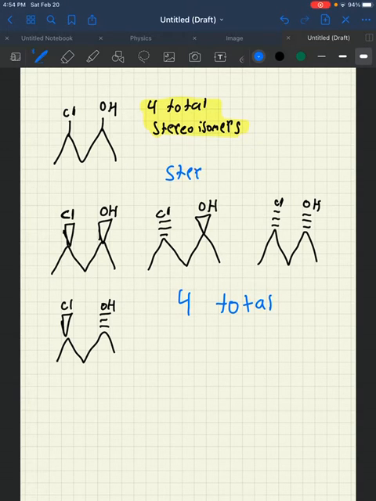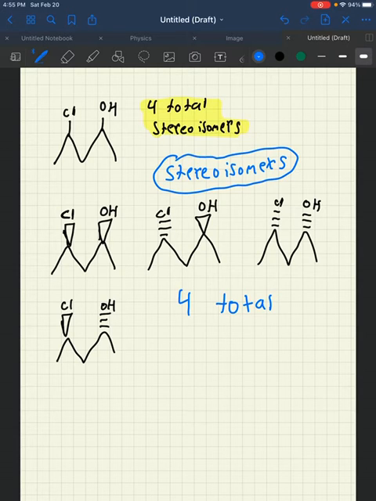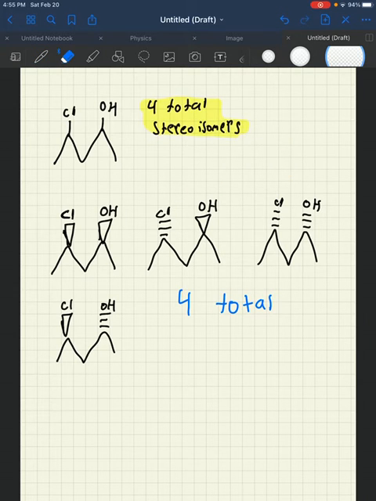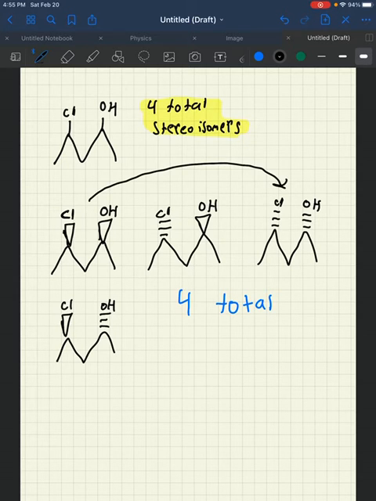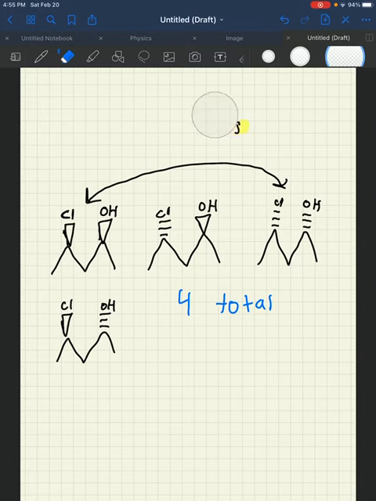Now we can go one more step into it, and we can label what's an enantiomer and what's a diastereomer. So if we're going from here to here, these would be enantiomers.